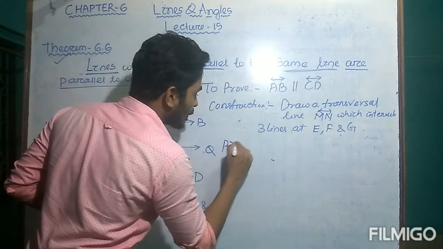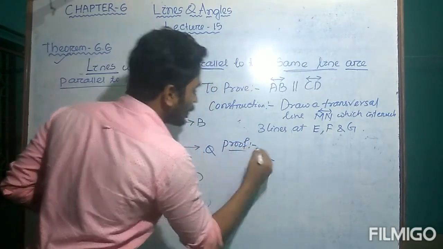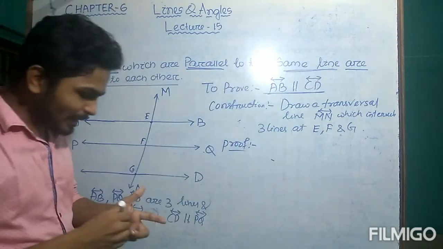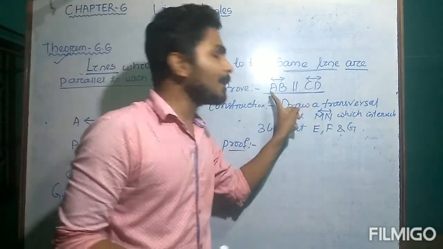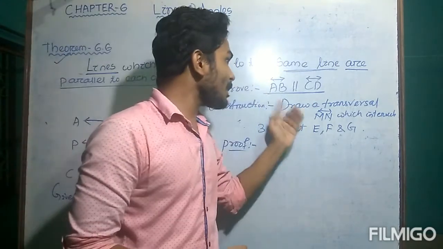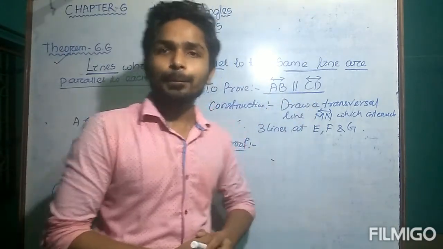Now you have to prove that AB is parallel to CD. Now think, how can we prove that AB and CD are parallel? Which condition should be satisfied so that these two will be parallel?